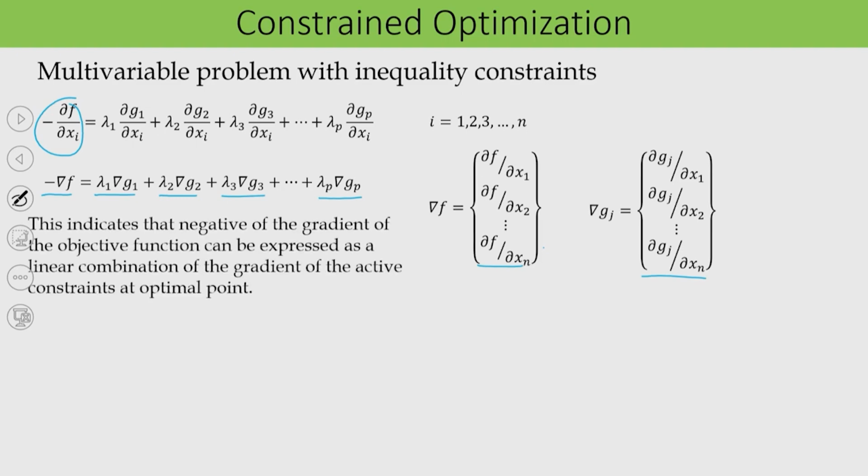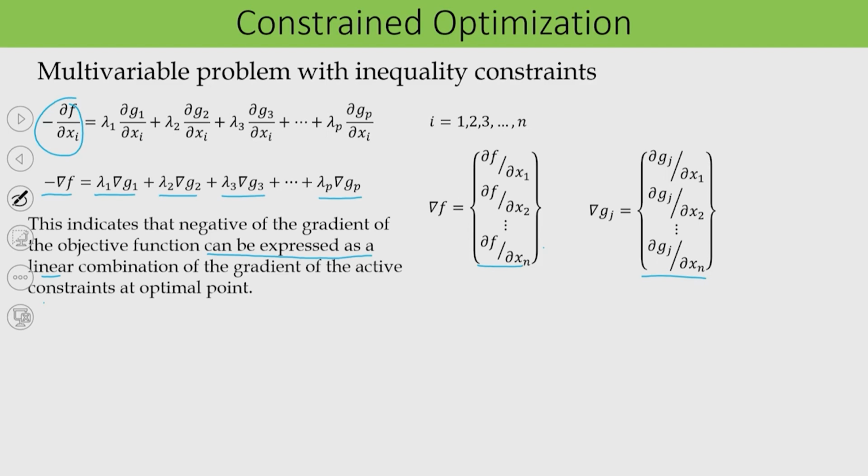So, this indicates that minus del f, the negative of the gradient of the objective function at the optimal point, can be expressed as a linear combination of the gradients of the active constraints at the optimal point.